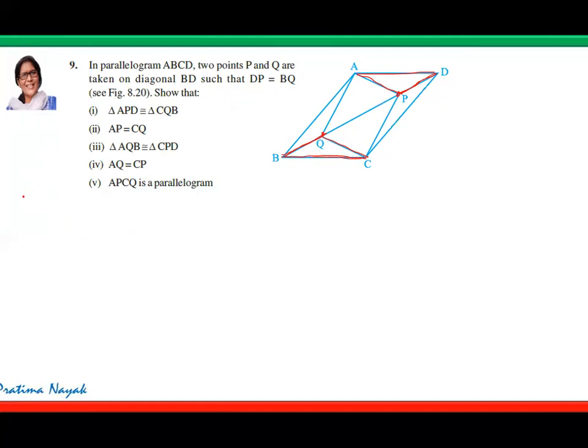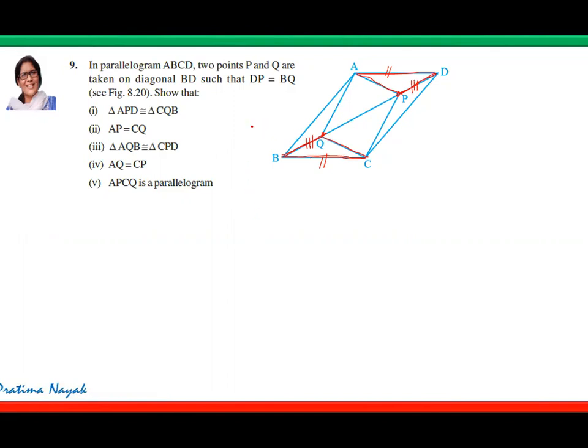First I'm going for these two triangles. I'll show congruency. First you should know that in a parallelogram opposite sides are equal. So AD is equal to BC. Next, this is given to be equal: BQ is equal to DP. Next, what else is equal?